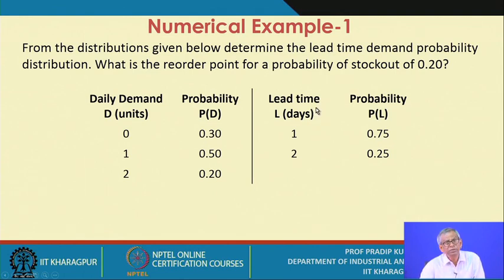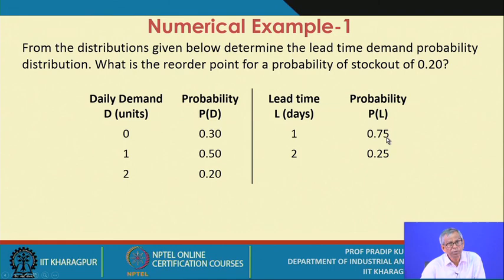As far as lead time is considered, the possible lead time in days could be either 1 day or 2 days. It cannot be 3 days or 4 days or other days. So it is restricted to just 2 values, 1 or 2. Against 1 day lead time, the probability is 0.75.